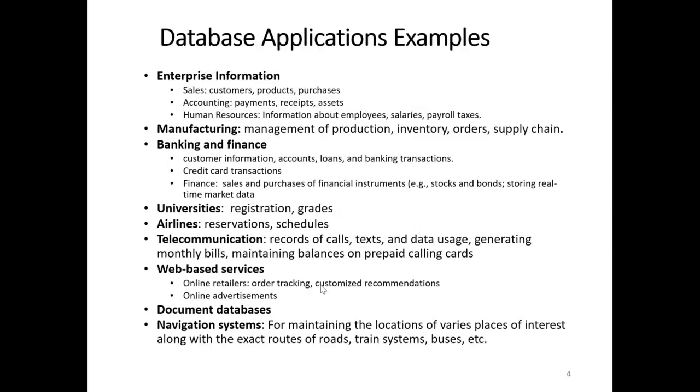If you go to a physical store, like Walmart or Kroger, there are so many different databases involved in your shopping experience. For example, when you pick up a product and scan it, that scanning operation will update Kroger's inventory database. And when you make the payment, if you pay cash, that's fine.